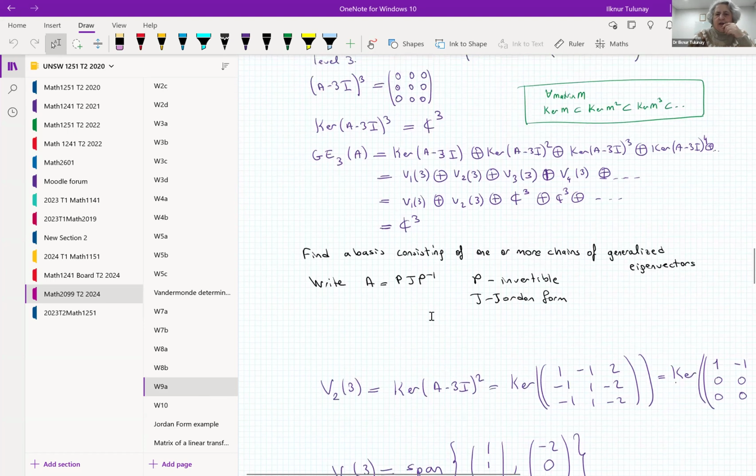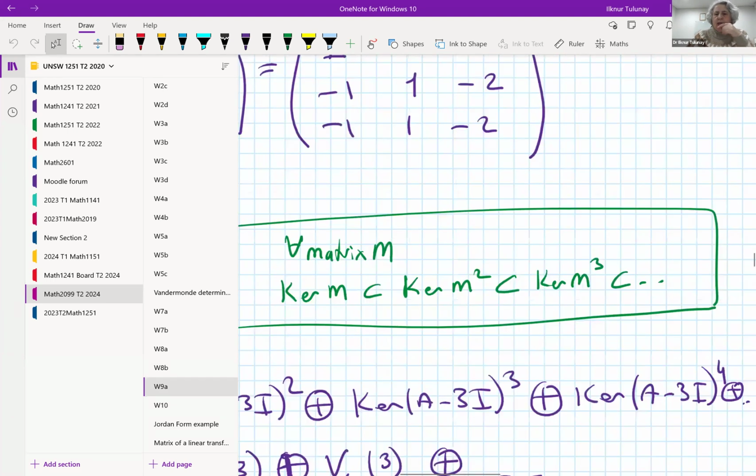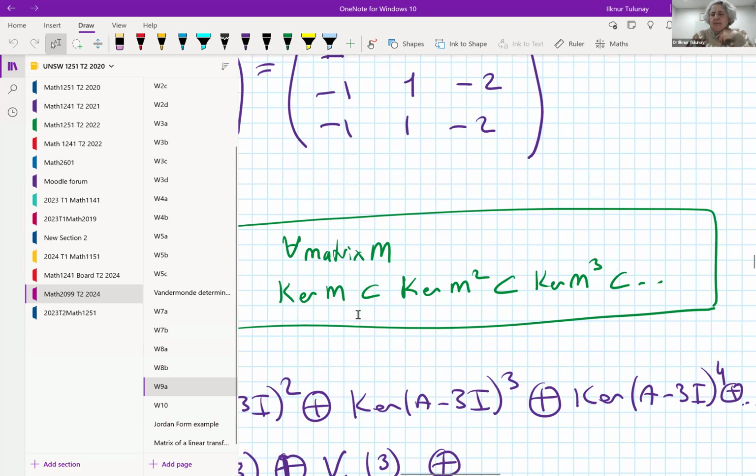This is the key idea for these Jordan forms. For any matrix M, the kernel of M is inside the kernel of M squared, which is inside the kernel of M cubed, and so on. When you take powers, the kernels still contain each other.